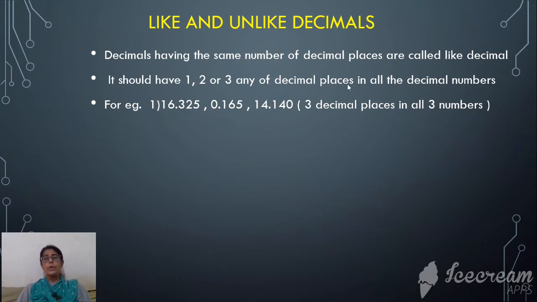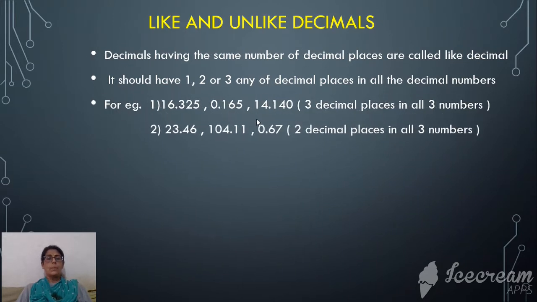What I have told you is that the number of decimal places is the same. Here you can check the decimal places are 3, here also 3 and here also 3. 3 decimal places in all 3 numbers, right? So this is known as like decimals.